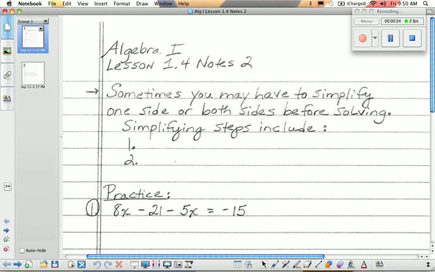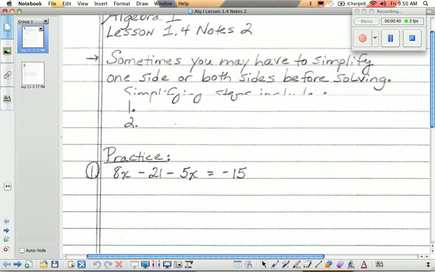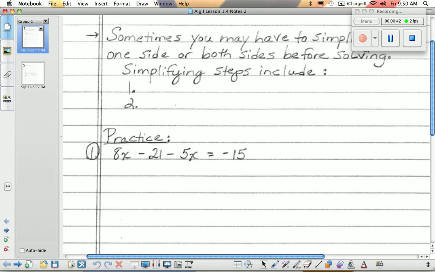But remember, when we're solving, we have to do it to both sides. And that kind of confuses students sometimes. They get that mixed up with keeping the equation balanced. And there is a difference. So sometimes we're going to have to simplify one or both sides before trying to solve it. It's going to make life a lot easier for you.